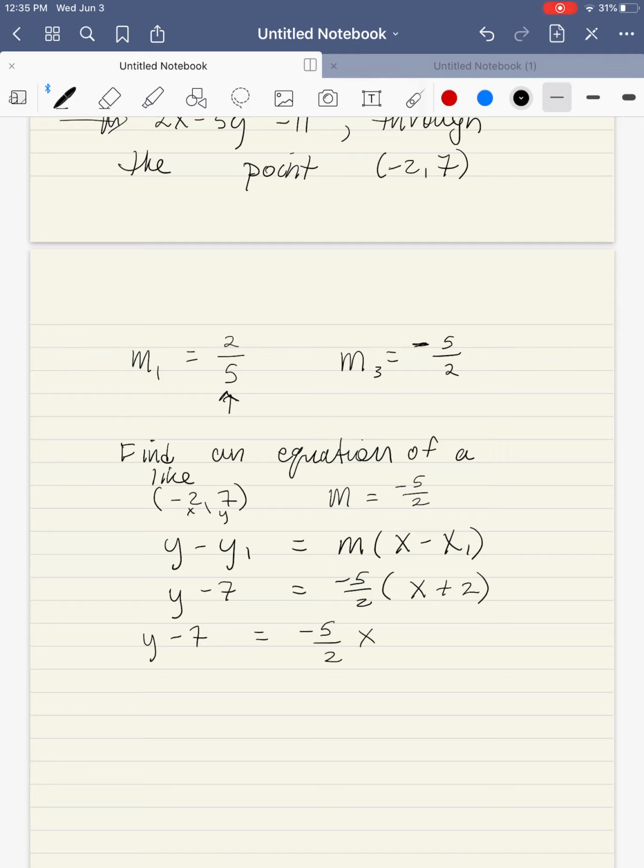And now I distribute the -5/2. And -5/2 times 2, I multiply the numerators and the denominators, the 2 times the understood 1. So I have -10 over 2. And I see that that actually simplifies.